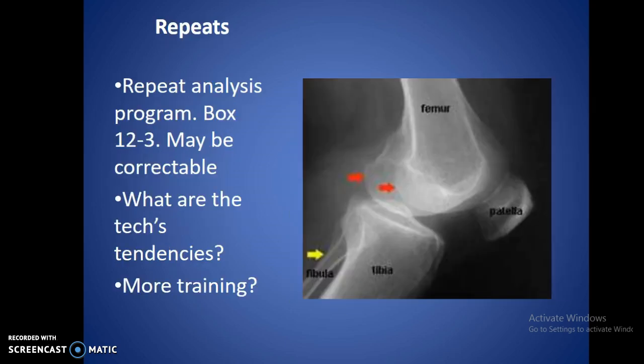Repeat analysis program, Box 12.3 talks about it a little bit. It's maybe correctable. They really should have a program that looks at what a tech's tendencies are. If everybody in the department is missing their sinus x-rays, maybe it's time to have a little in-service, kind of go over those things a little bit more.